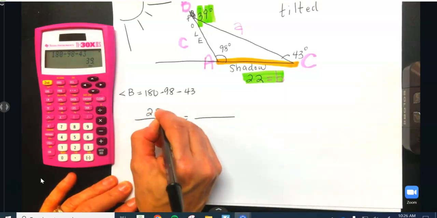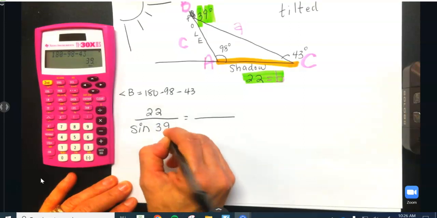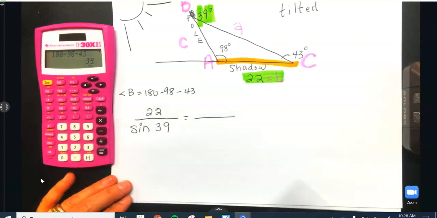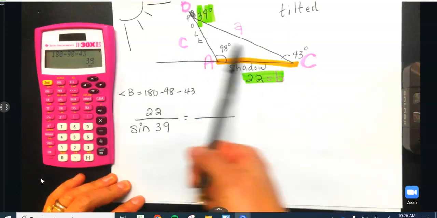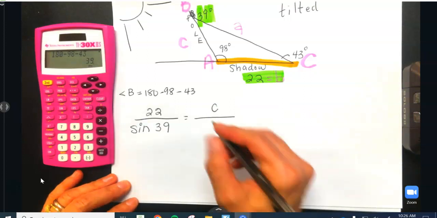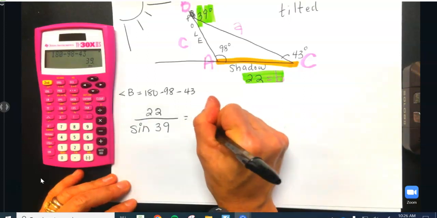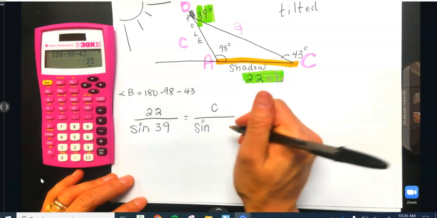So 22 is to the sine of 39 as, what are we looking for again? We're looking for the pole. So the way I drew my diagram, that's leg c. So c is going to be on the top. Sine of what, guys? What goes here? 43, very good. The angle of elevation.